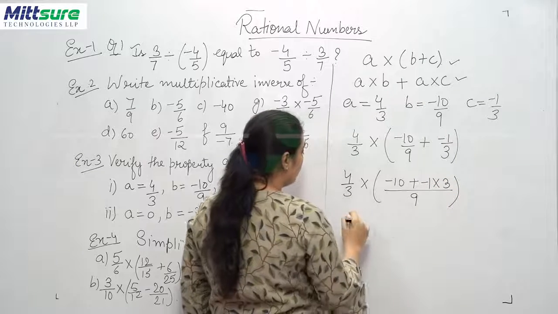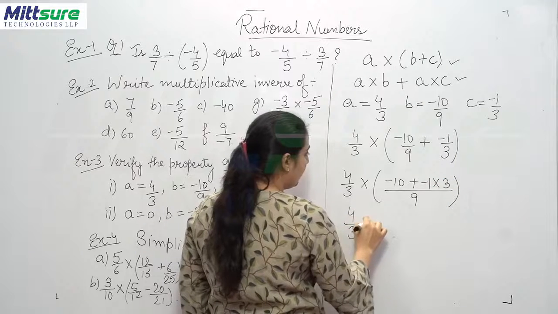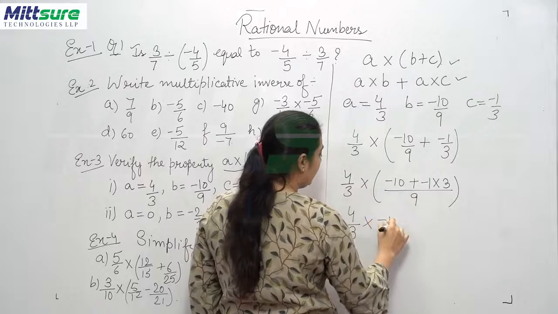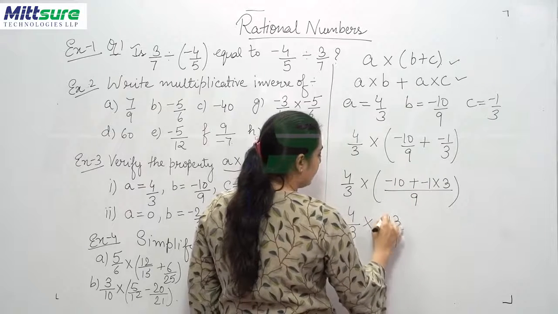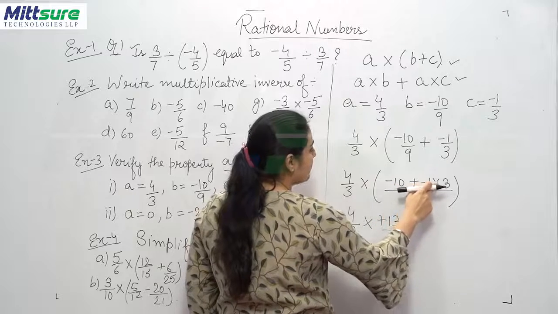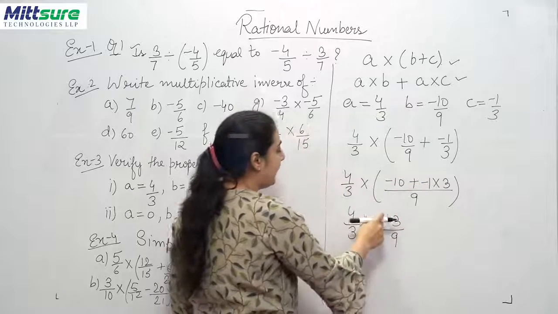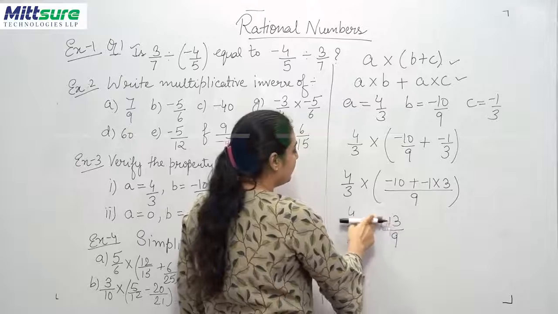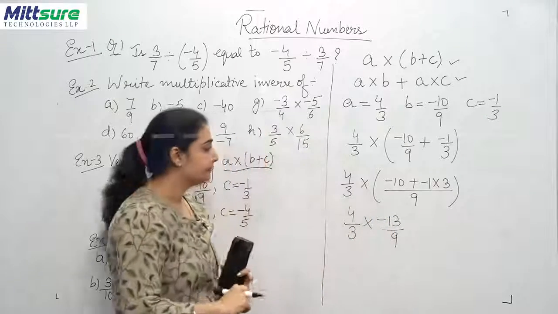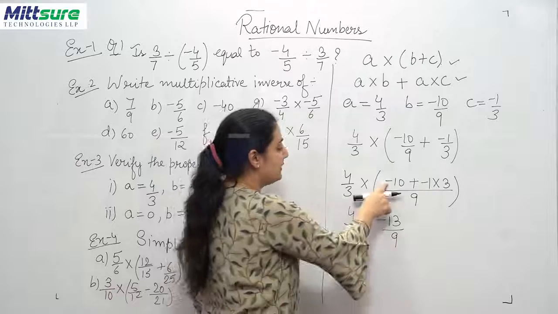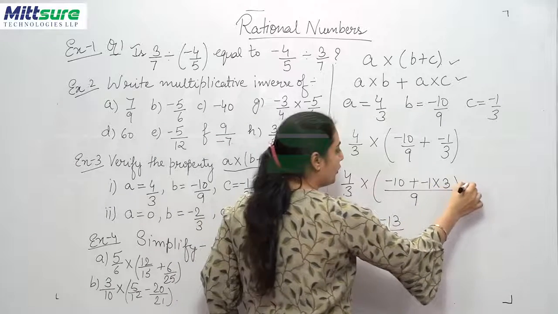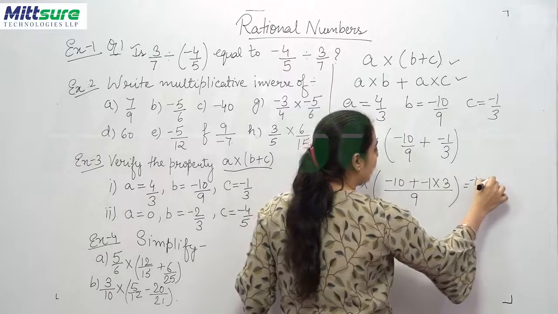This is the condition. So 4 upon 3 multiplied by minus 10 plus minus 3, that is minus 13 upon 9. Okay. Now look here, minus 10 is here. When minus 1 will be multiplied by 3, it is going to give you minus 3, so minus 10 minus 3.